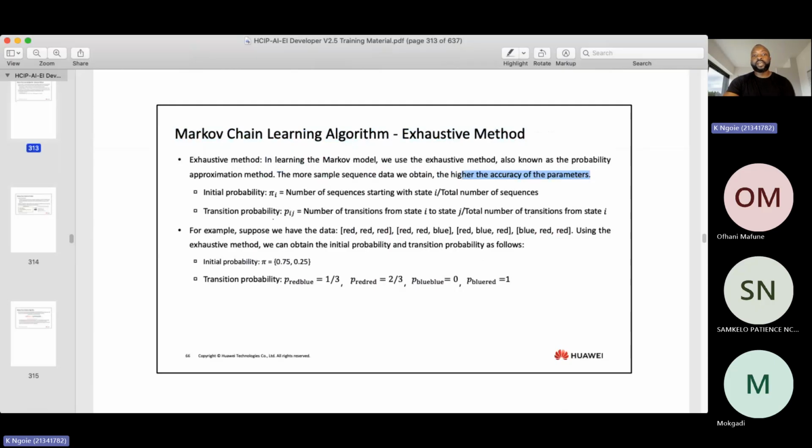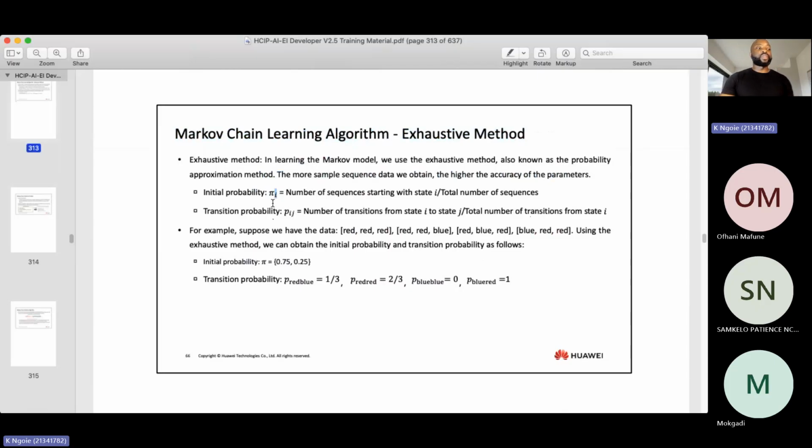In this method, we don't know the pi, which is the initial probability, and we don't know the transition probability beforehand. We estimate them from observed sequences.